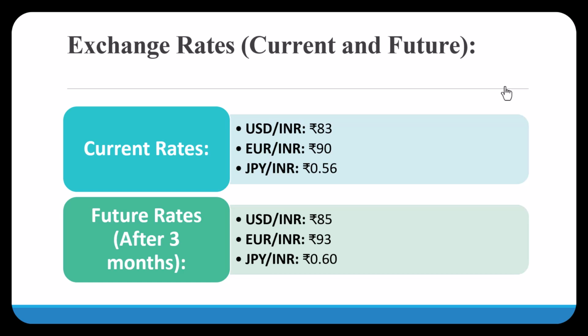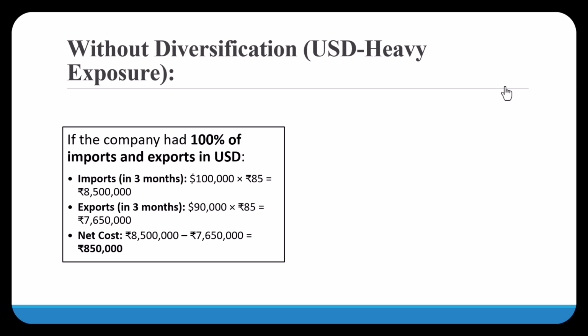So that means all the currencies have appreciated against the INR. The dollar has gone from 83 to 85, the euro has gone up from 90 to 93, and the Japanese yen has gone up from 56 paisa to 60 paisa. Okay. So, without diversification, USD heavy exposure.